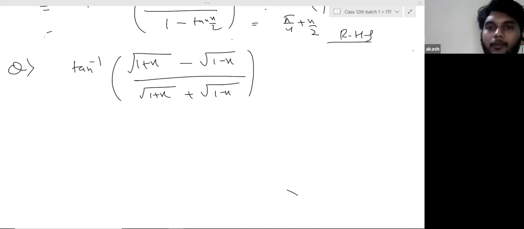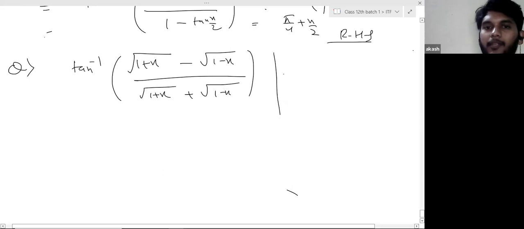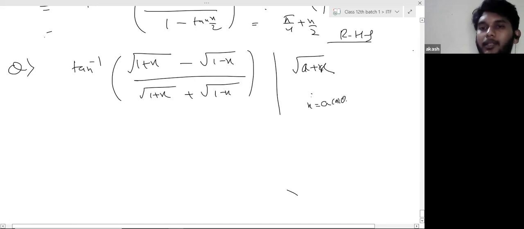If you look at the substitution I gave you, if we have under root a plus x, then you substitute x equals a cos 2 theta. Why 2 theta? It's easier. You can put a cos theta also, no issues. But with cos 2 theta, we get good values, like sin square theta and cos square theta.